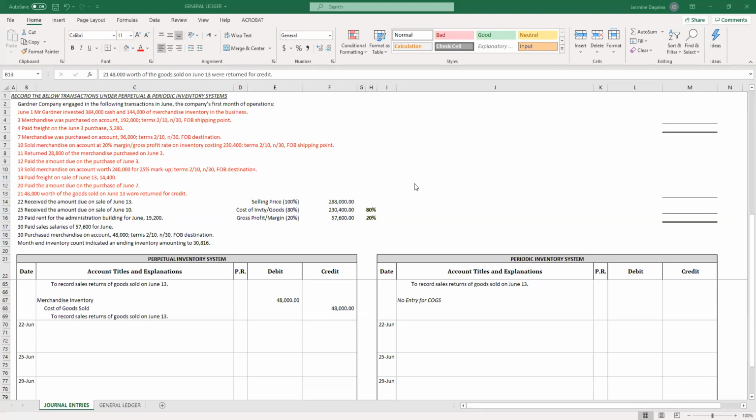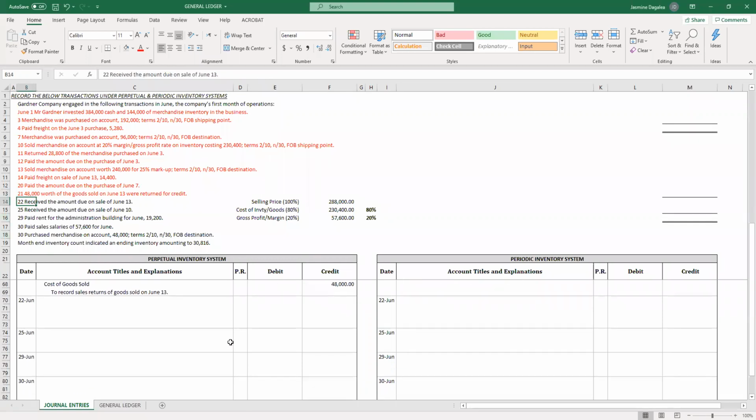Tapos yung difference ng selling price and the cost of goods sold, yun yung gross profit or gross margin nyo. Basically tubo, yun. Okay, ma'am. So next transaction, June 22.